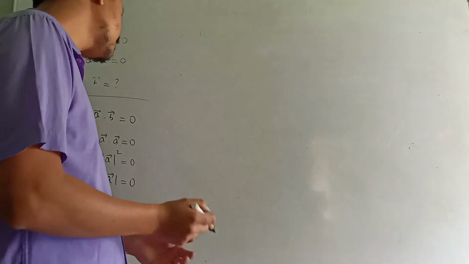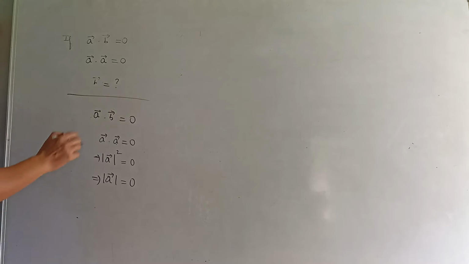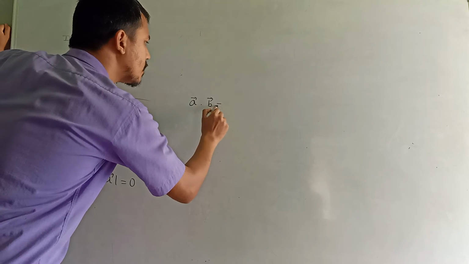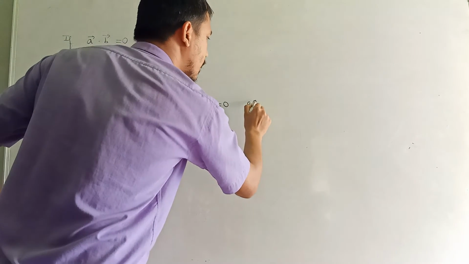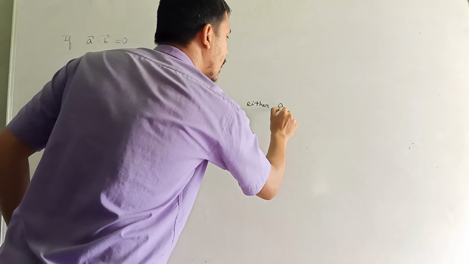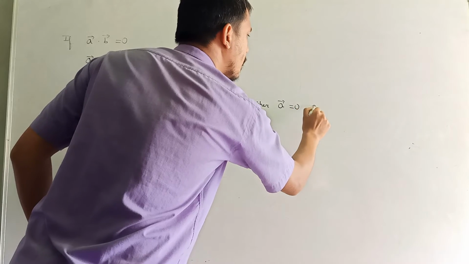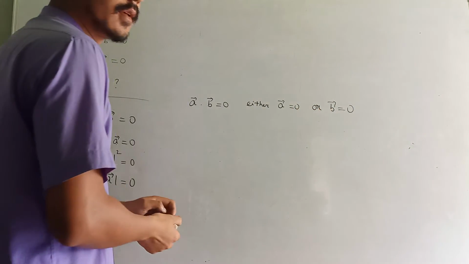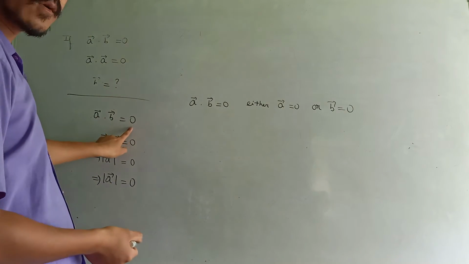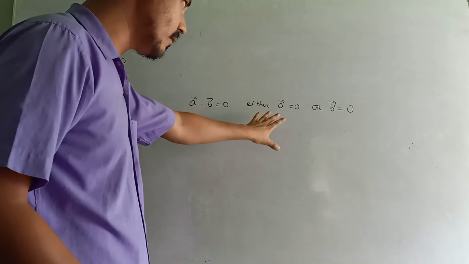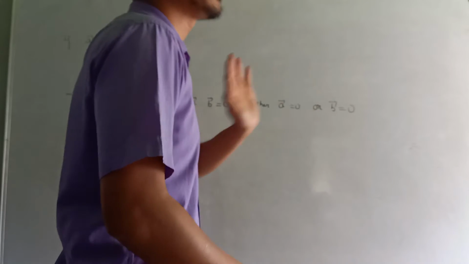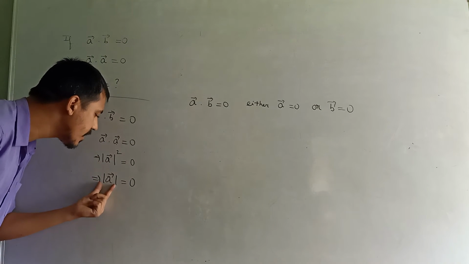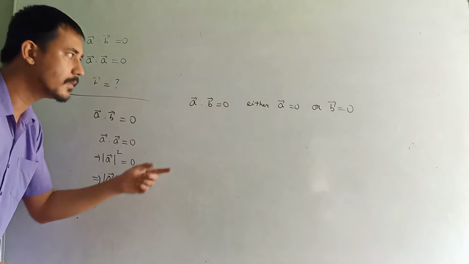So now here, A dot B is equal to 0 means either A should be 0 or B should be 0. It's given A dot B is 0.